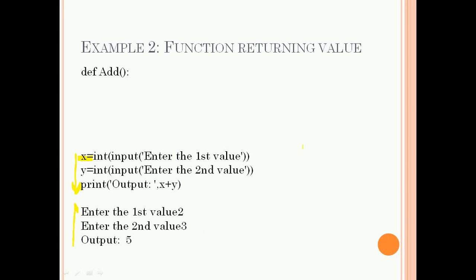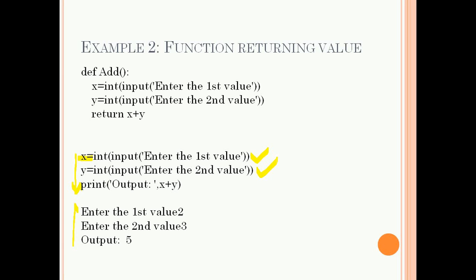So these two statements will be written inside the function add, and this function will return the added value of x and y. So using the return statement we can do this, return x plus y. So it will return the added value of x, y to the main function.